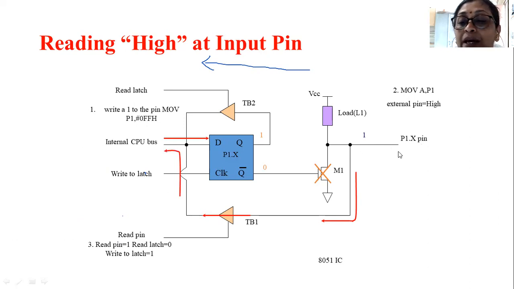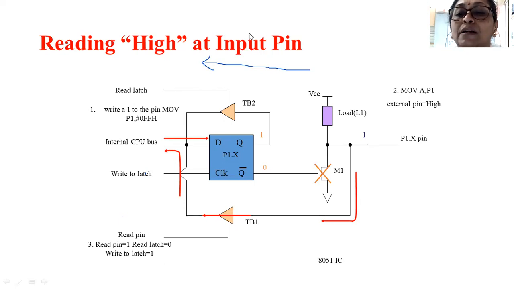So in this way, the logic 1 which is present on the port pin will be read by the CPU. So it will be sent to the data bus of CPU. This particular operation, sending the data which is present on the port pin to the internal bus of CPU, is called as read operation. Okay, so this is what is done during reading high.